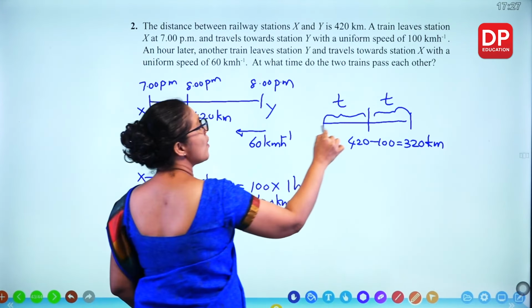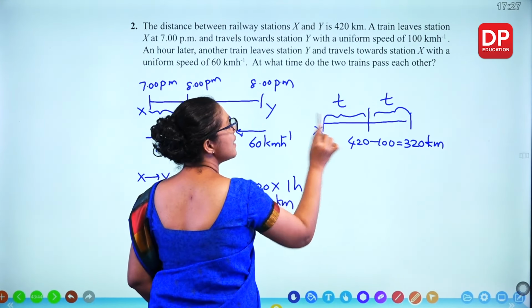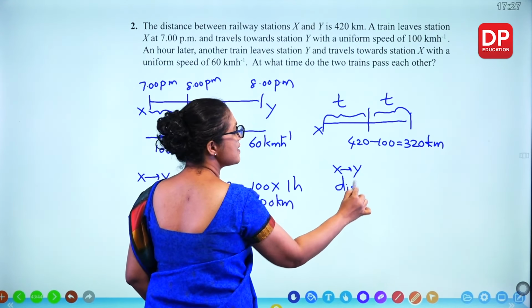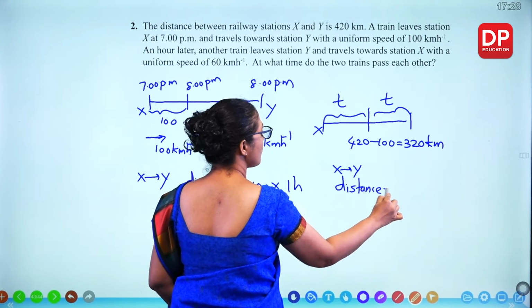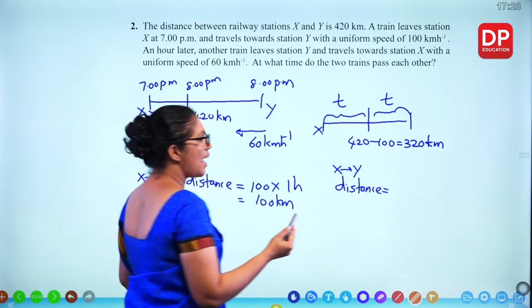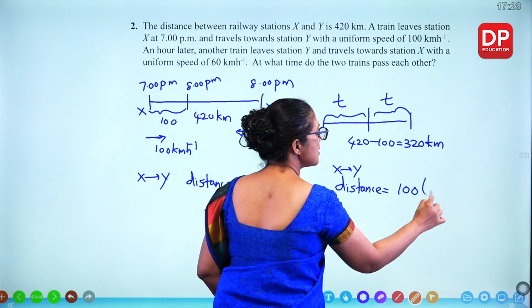Then what's the distance traveled by this train from X to Y? The speed is 100 and the time is T, so 100T.